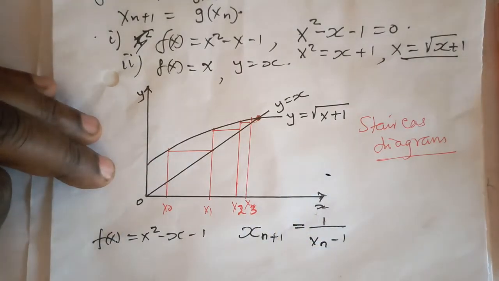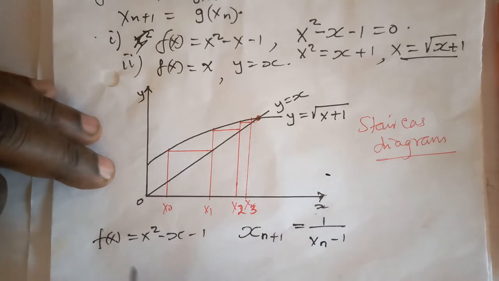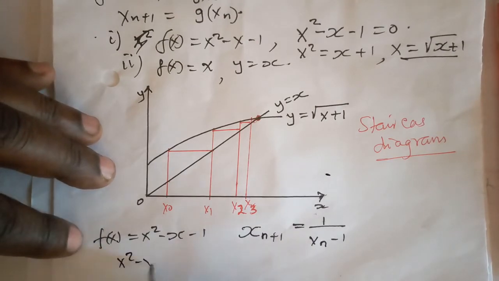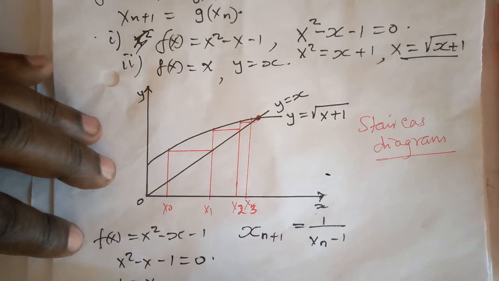How is this possible? Of course, when this is true, x squared minus x minus 1 is equal to 0. And we can easily say that 1 is equal to x squared minus x. If we take x common there, 1 is equal to x times (x minus 1).